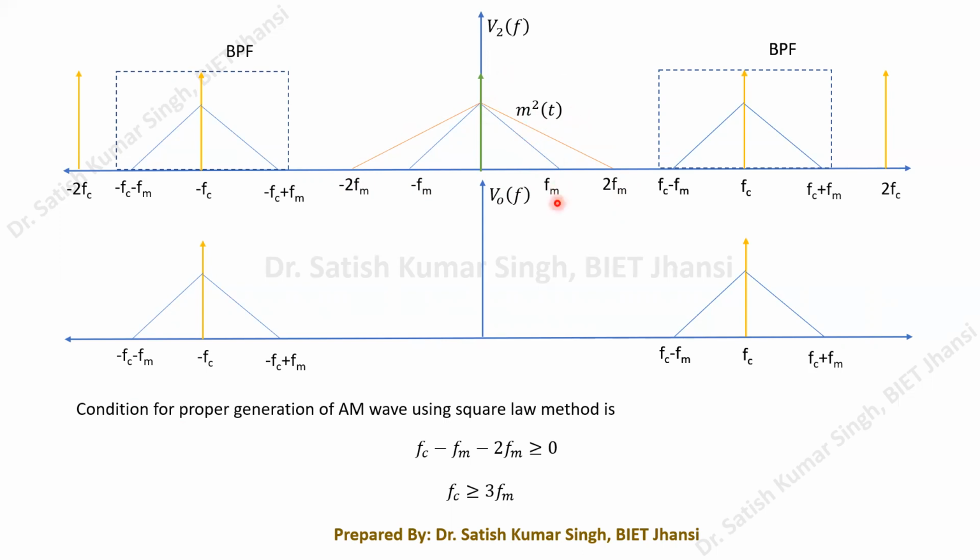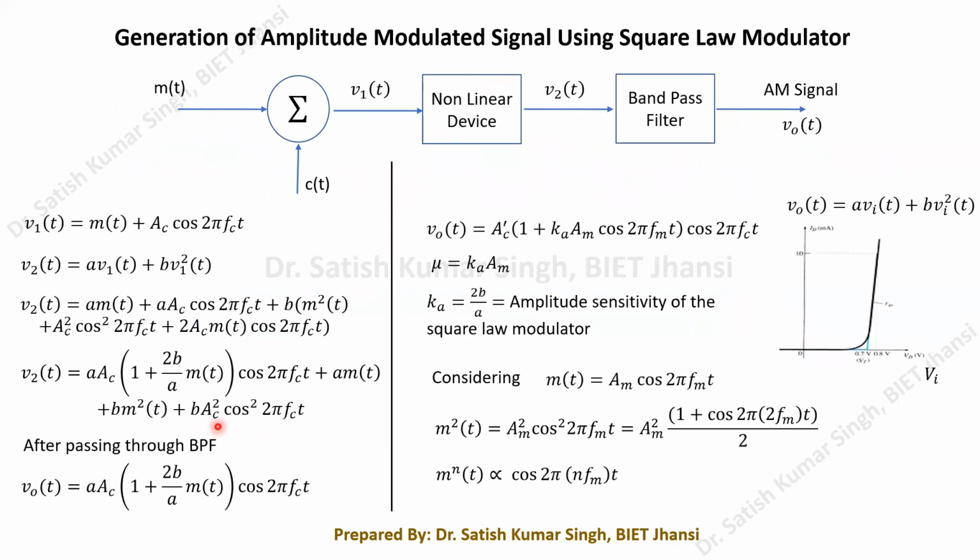Similarly, as I said, due to squaring of the signal there may be a chance that we are going to get a DC term. One DC term may appear at this center, and one more DC term may appear at this center. Now we have this A square cos square 2 pi fct. Again it is going to give you impulse functions, as we know that for the cosine we get two impulse functions, one at f equals 2fc, another at f equals -2fc, and it is going to give you one DC term again.